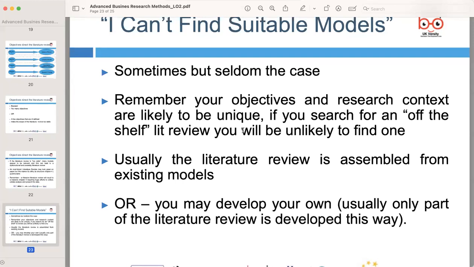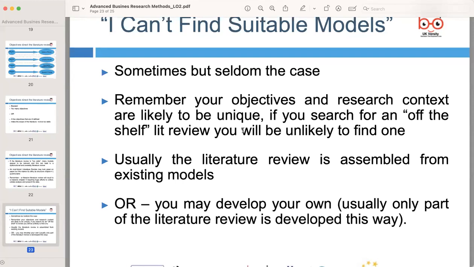It is important to remember that your research objectives and context are likely to be unique. This uniqueness makes it unlikely that you will stumble upon an off-the-shelf literature review that perfectly matches your needs.